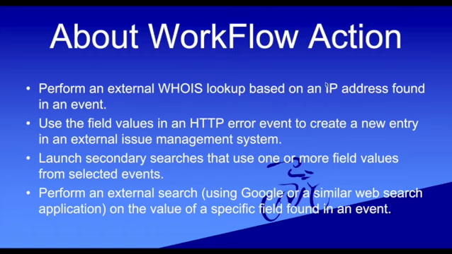This IP address will be in whatever search event you provide, and then we provide it as an argument to a whois lookup on the web. Similarly, using the field value in an HTTP error event to create a new entry in an external issue management system.